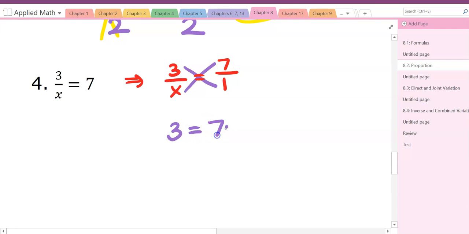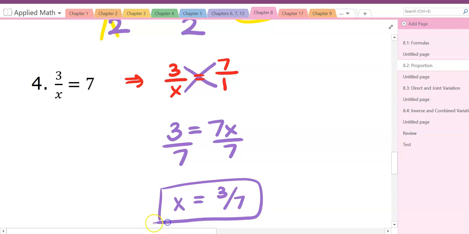X times 7, which is just 7x. Then to get x alone, I'm going to divide by 7. So I'm going to get x equals 3 over 7. Again, I'm just going to leave it as the fraction. If you leave it as a decimal, that's okay too. Which I don't know what that would be, but it's okay if it's what you give me. As long as it's the right decimal.